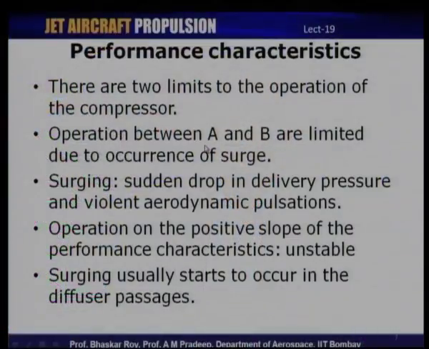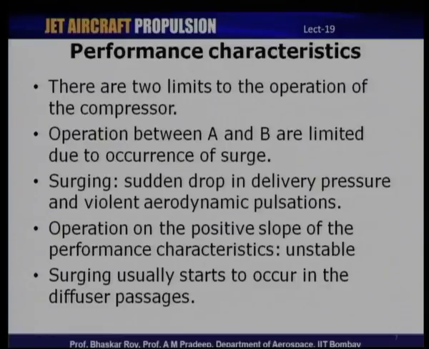So, as I mentioned, there are basically 2 limits which affect the performance of the compressor: operation between points A and B limited due to surge, wherein there is a sudden drop in delivery pressure, also accompanied by violent aerodynamic pulsations, which means that operation on the positive slope of the curve is unstable.